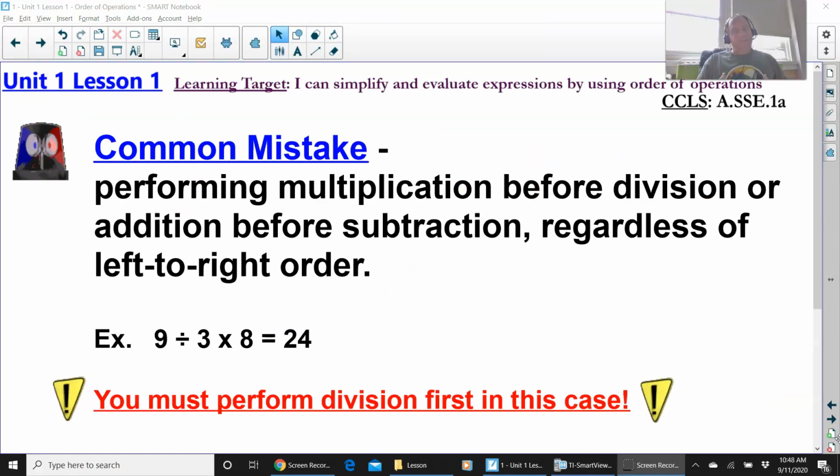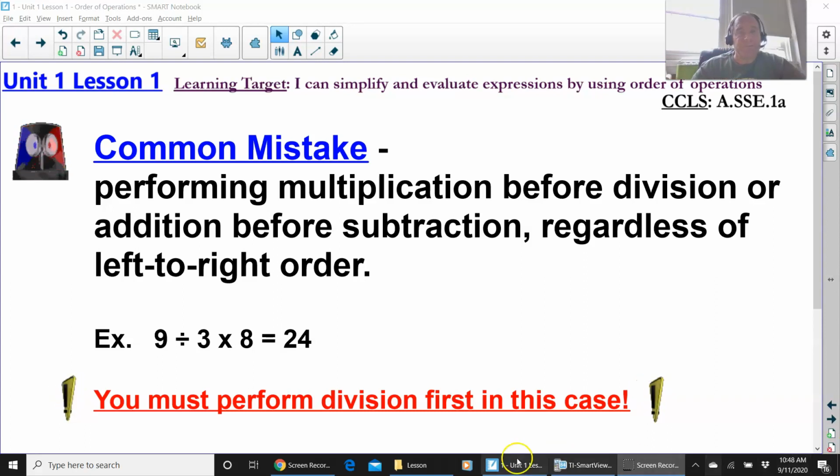Like I said on the prior slide, a common mistake is saying, wait a minute, perform multiplication before division or addition before subtraction, regardless of left to right order. That's a common mistake that people make all the time.